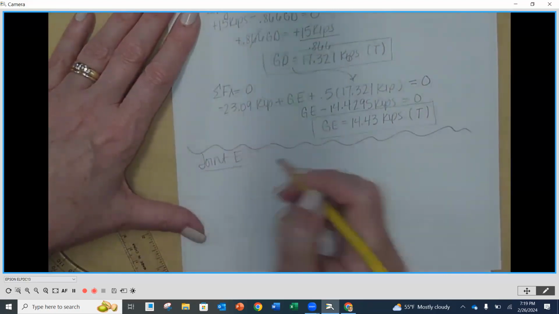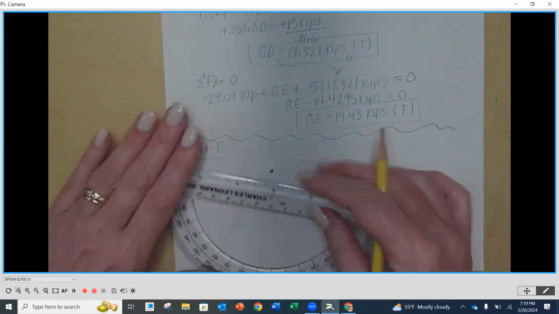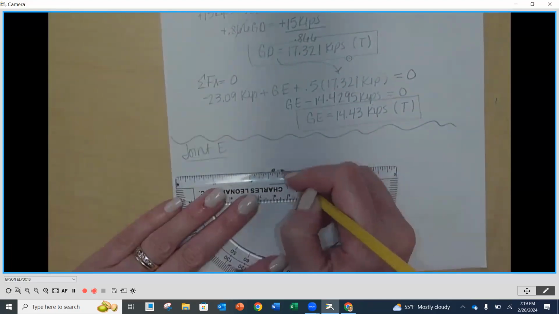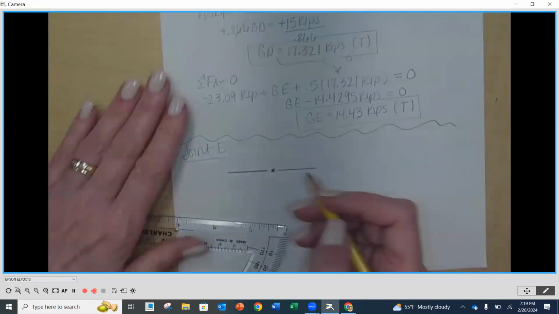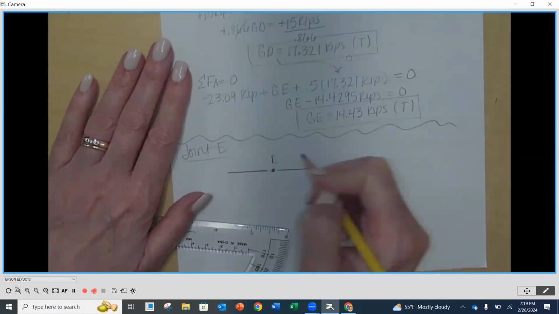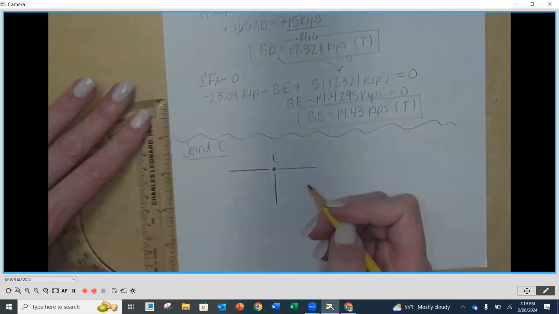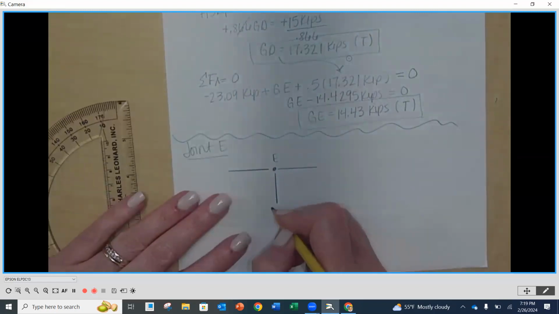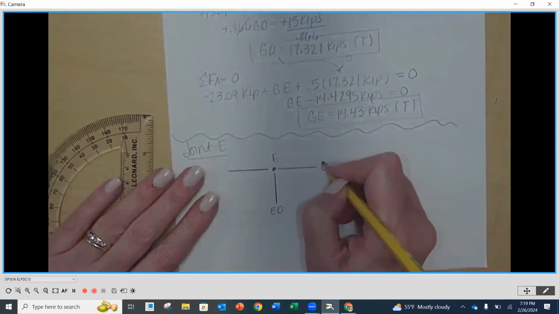Joint E. Here's my E. I've got one going over to C, going over to GE. This is point E. And then I'm connected down to D. So I'll have ED, EC.